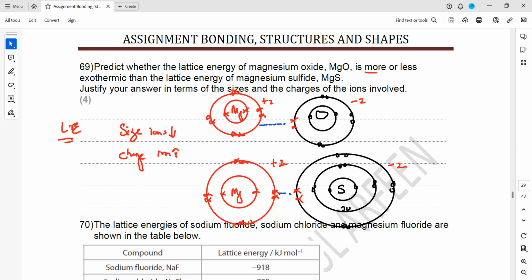The third mark you will mention that oxide ion is smaller in size as compared to that of sulfide ion. So as a result, there will be stronger electrostatic attraction between magnesium and oxide ion compared to magnesium and sulfide ion. Is it clear? The points which we'll use.